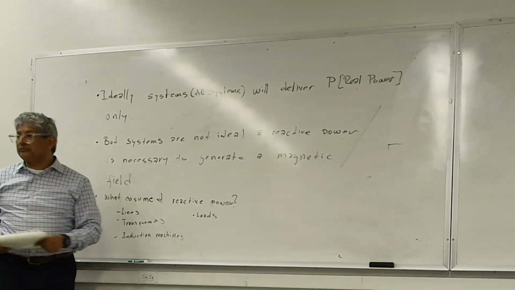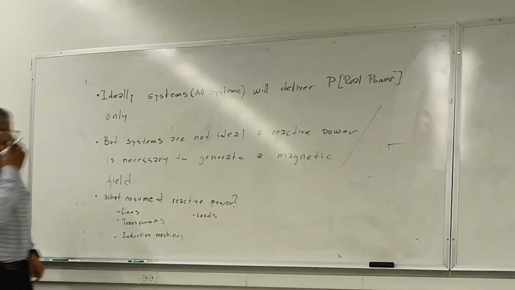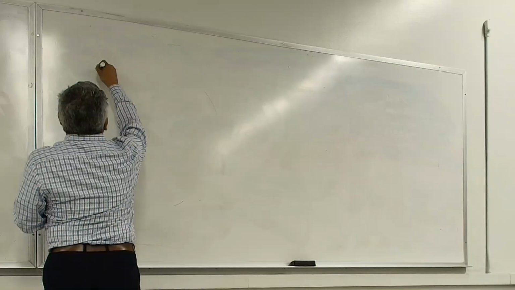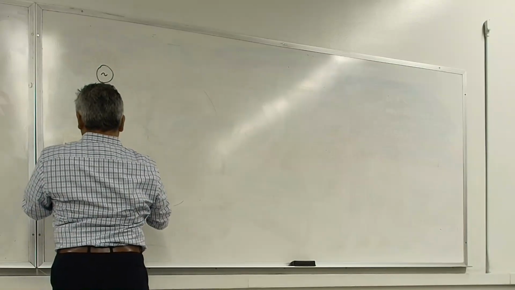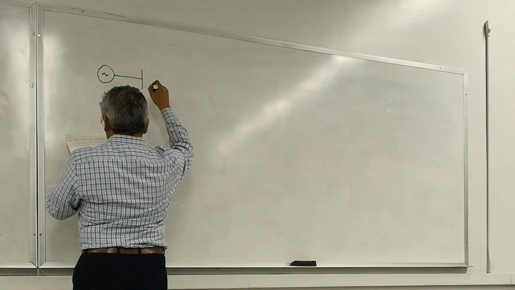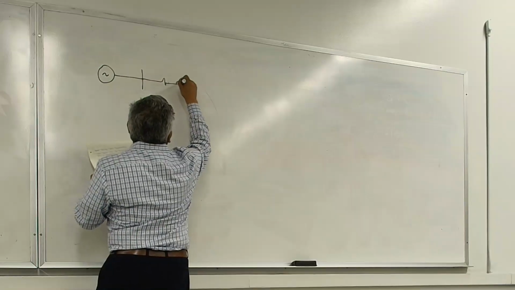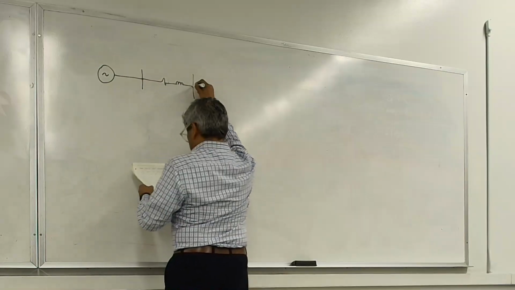How do you define consume and produce reactive power? Yes, okay. So let me say this. I actually have them here. I'm going to draw a system, and this system has a line, and the line has resistance and inductance, and then transformers.